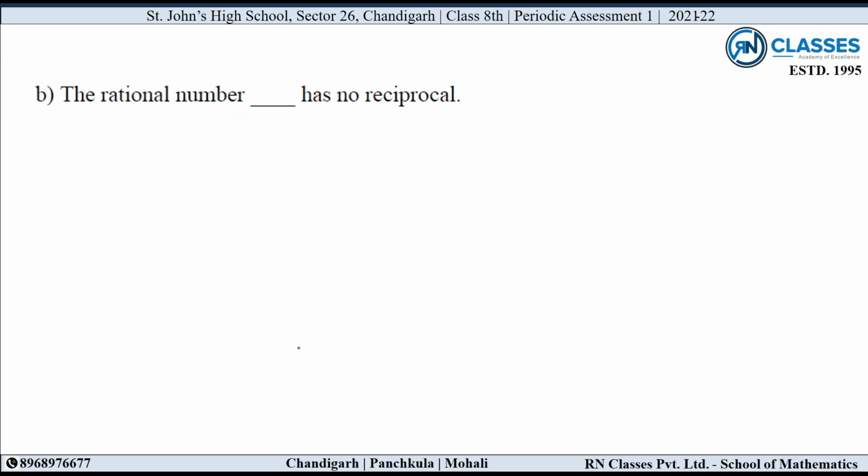Next one. The rational number dash has no reciprocal. Rational numbers are of many types. Which one has no reciprocal? If it is 3, the reciprocal would be 1 by 3. If I have a number like 157 by 13, I'll get the reciprocal as 13 by 157.